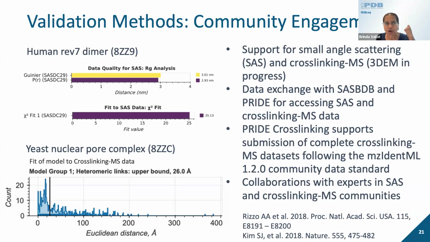The collaboration with PRIDE involved extending their MZ-IDENT-ML data standard. They use the MZ-IDENT-ML data standard for mass spec data. So we had to work with them to extend that to incorporate new definitions, new cross-link specific definitions, as well as creating a separate section within PRIDE called PRIDE cross-linking to handle deposition of cross-linking data.